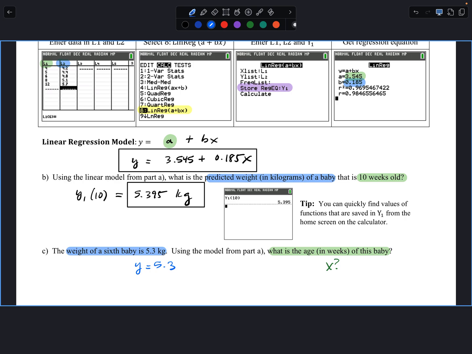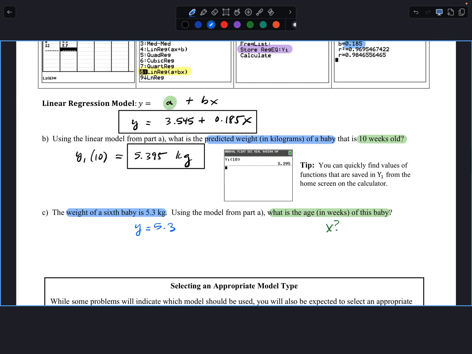So now we know this is our function, right? So what we can do is just plug in Y right there and then solve for X. So 5.3 is equal to 3.545 plus 0.185x.